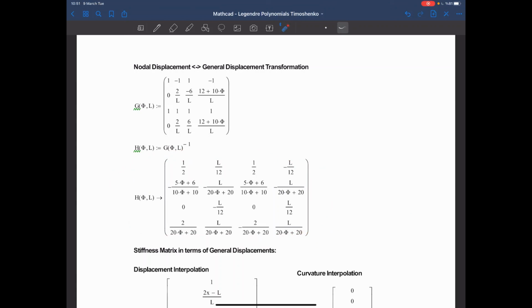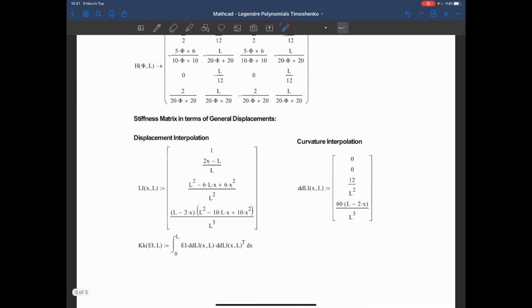Now the rest is again similar. Now the general stiffness matrix in the general displacement field, we see that the bending, the curvatures are not influenced by the shear deformations. So we have the same curvature matrix as in the Bernoulli-Euler beam, and that's the equation to obtain the stiffness matrix.